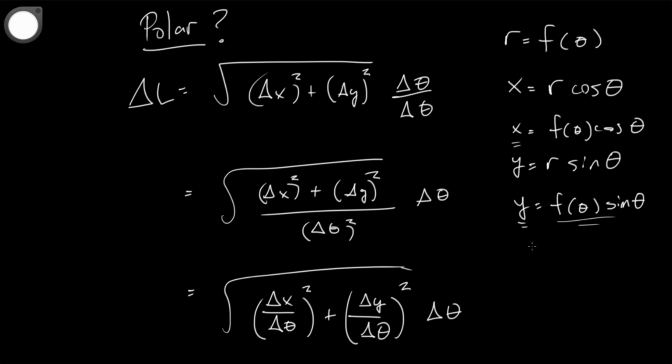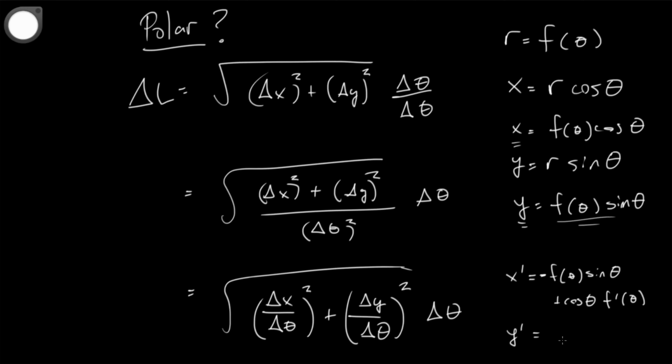What I'm going to do is look at the derivative of x here. We get f of theta times the derivative of cosine, which is negative sine theta, and then, not chain rule, product rule, cosine theta times the derivative of f of theta, which is just f prime of theta. Similarly, down here, y is going to be something very similar.